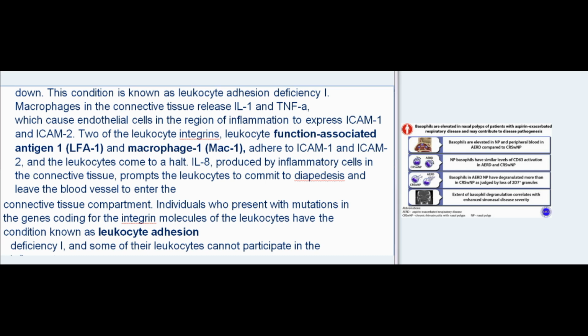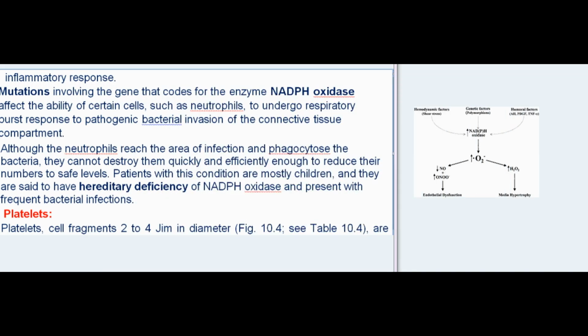IL-8, produced by inflammatory cells in the connective tissue, prompts the leukocytes to commit to diapedesis and leave the blood vessel to enter the connective tissue compartment. Individuals who present with mutations in the genes coding for the integrin molecules of the leukocytes have the condition known as leukocyte adhesion deficiency I, and some of their leukocytes cannot participate in the inflammatory response.